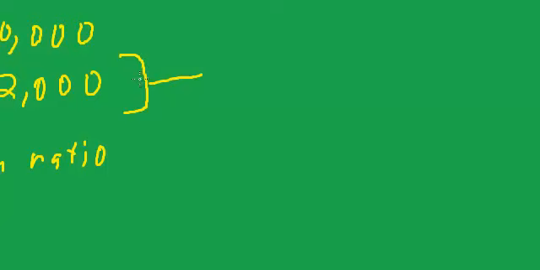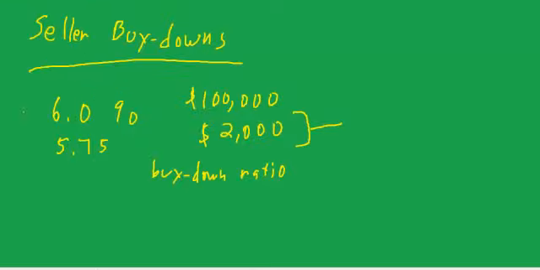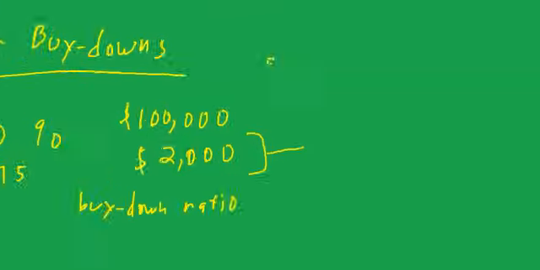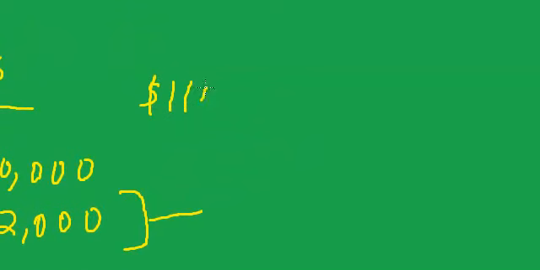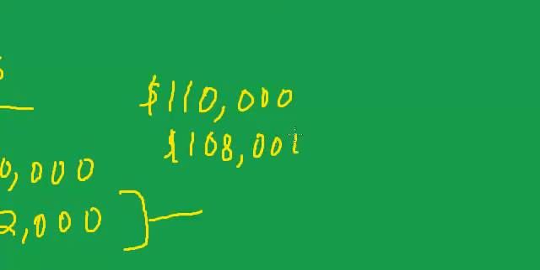So if it were a pure market transaction with a market interest rate of 6%, the price would actually be $2,000 lower. So if you're a borrower and you buy a house and you pay $110,000, but you got a buy down, what that means is, if you wanted to turn around and sell the house without in turn buying down the next seller's mortgage, you'd have to get only $108,000.